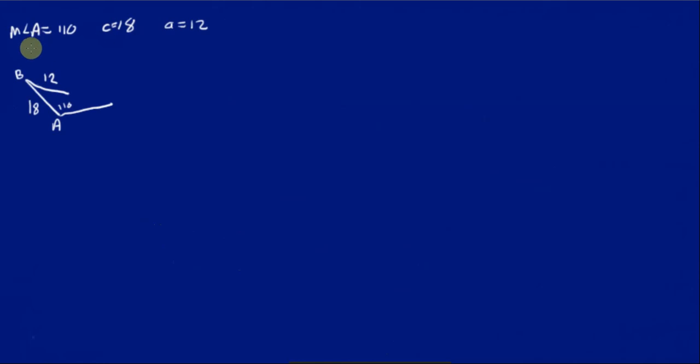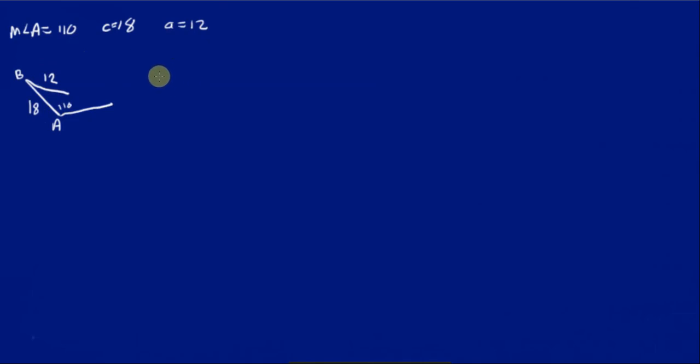Okay, third example. I've got the angle A is 110, so this is my obtuse angle case, and I've got the side opposite that, so length A is 12, and the length of side C is 18, so that would be angle B there. Remember, we don't have to compare with the sine this time.